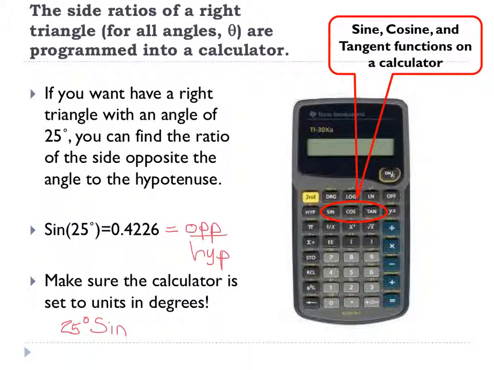And here we would do inverse sine, and we would input the actual, we'd either put in the sides here if we wanted to do that division, or if we knew this ratio, we can put that in there, 4226, and hit the equal sign, and you'll get back something very close to 25 degrees.